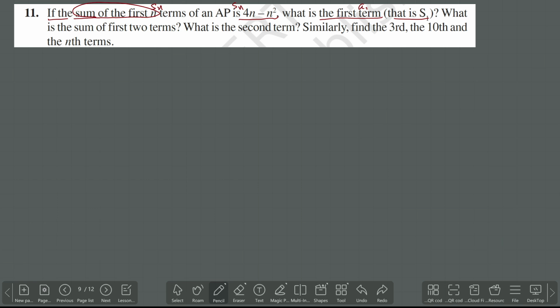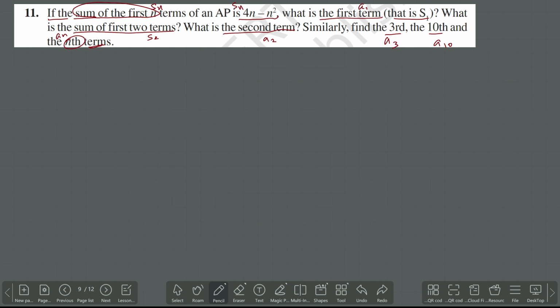And what is the sum of the first two terms? That is S2, we have to find. Then what is the second term? Second term in the sense A2. Similarly, find the third, 10th and nth term. That means third in the sense A3, 10th in the sense A10, nth term in the sense An. They said term here, so A3, A10 only.